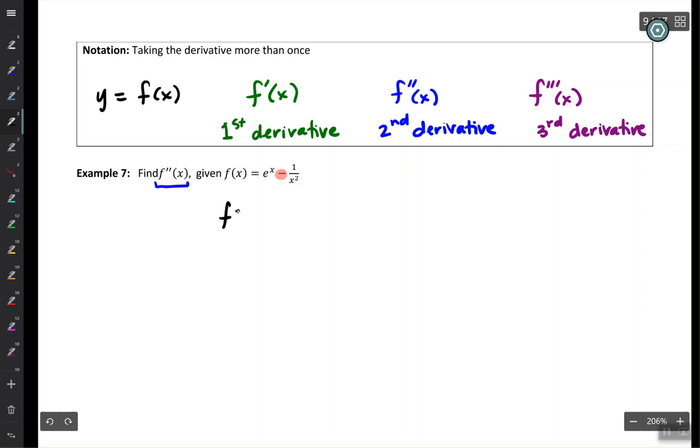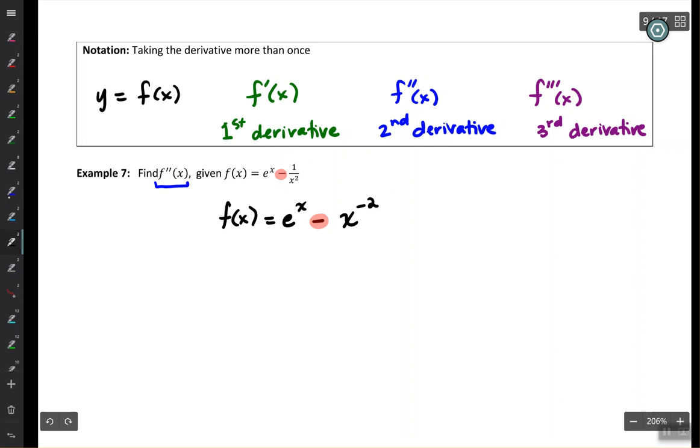Before I go ahead and take a derivative, though, I would like to write that 1 over x squared as x to the minus 2 power so that I can use power rule.